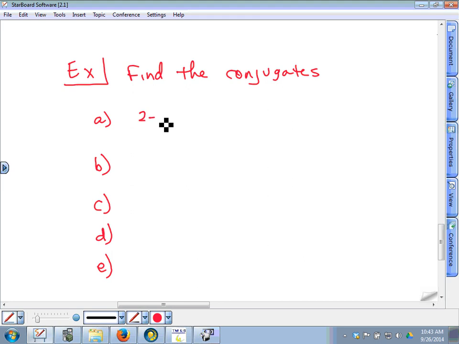Let's have 2 minus the square root of 5. 6 plus 4i. Let's just practice finding conjugates of all of them. Should go pretty quick.